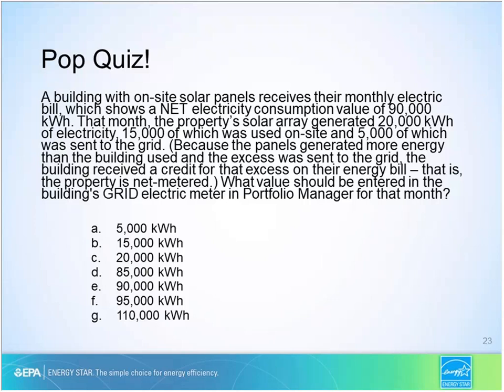Jasmine, how are we looking on responses? Looks like we have about 50% of our attendees on the line having finished the polling question. Okay, let's give another 15 or 20 seconds.